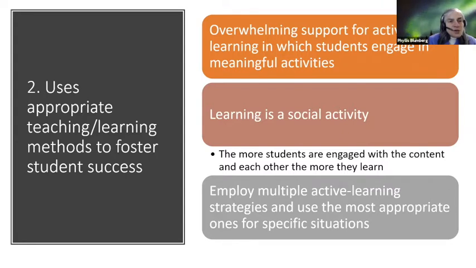Appropriate methods often include student-student interactions about the content. The best learning occurs when students discuss the content, as learning is a social activity. Students appreciate and learn more when you select different types of learning methods, because it does get a little boring if you use the same one over and over again.